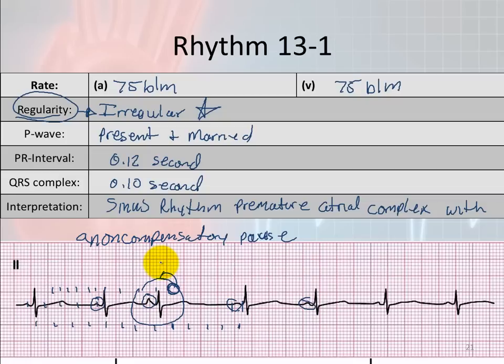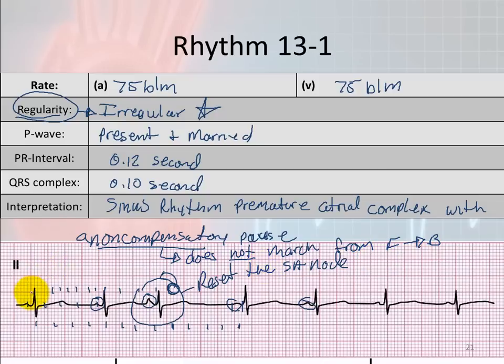With a non-compensatory pause, what that means is this PAC right here reset the SA node. The way that I always try to remember this is a non-compensatory pause does not march from front to back, which means the P waves or the QRS complexes, whatever, do not march out from the front side of the strip to the back side of the strip.